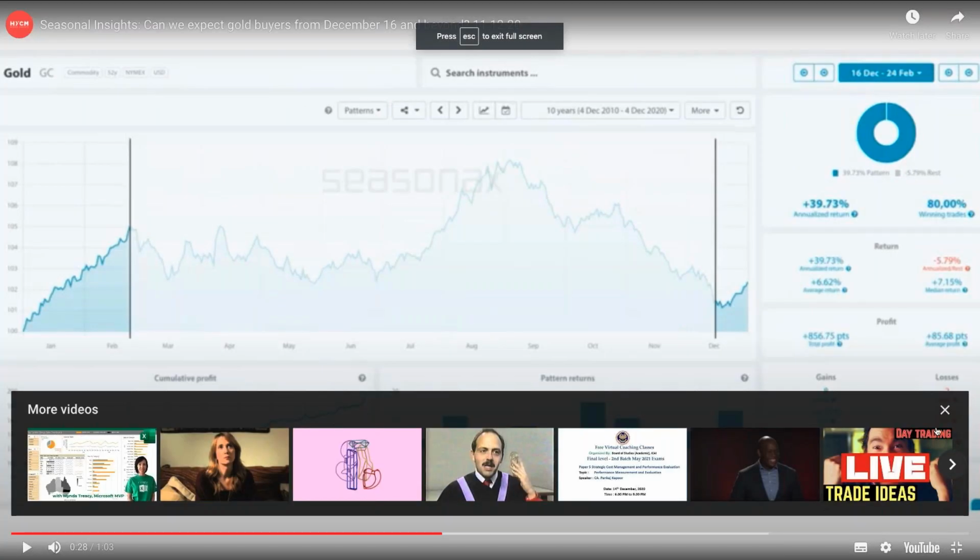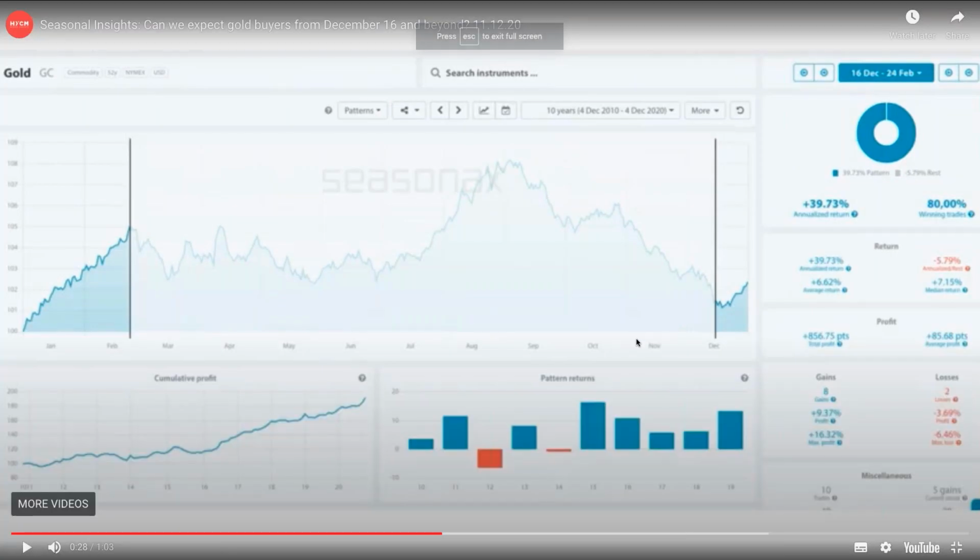What you can see here is this is the moves in gold from the 16th of December to the 24th of February. And what you can see that over the last 10 years, gold has gained 8 years out of the last 10. You can see the gains. And the maximum gain has been 16.32% in 2015. The largest loss was in 2012.